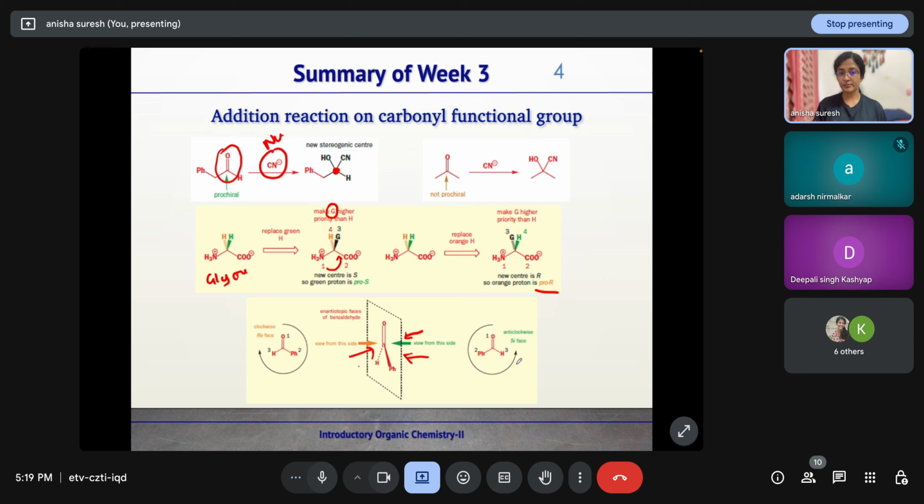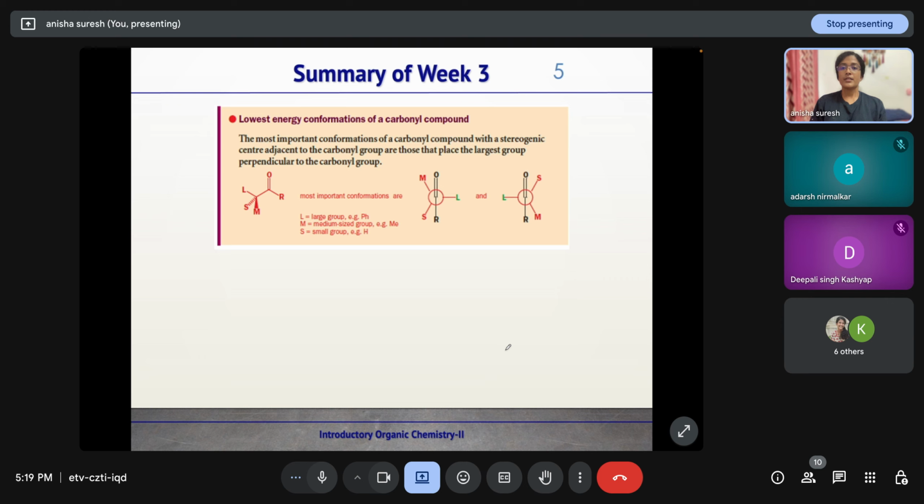So these are the two different faces from where the nucleophile can come and attack the carbonyl carbon. Now, in the last case, we have just considered the carbonyl carbon, and with respect to that, we have described the faces.